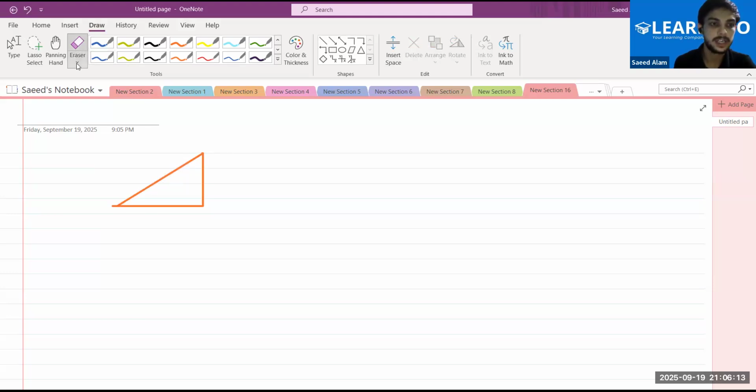Let me mark this angle to be theta, and let us call this L. So what will this A and B be called? How can we represent A in terms of L and theta?